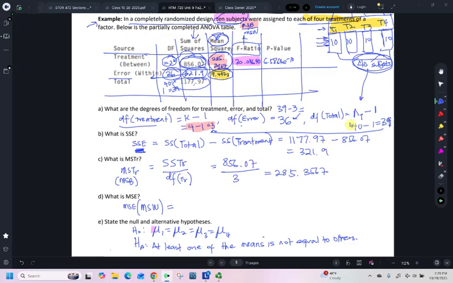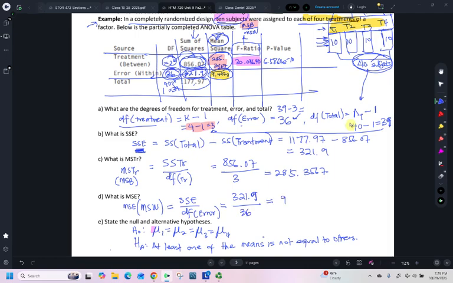And similarly, the mean square error would be sum of squared error divided by the degree of freedom for error. That would be 321.9 divided by 36 from this table.